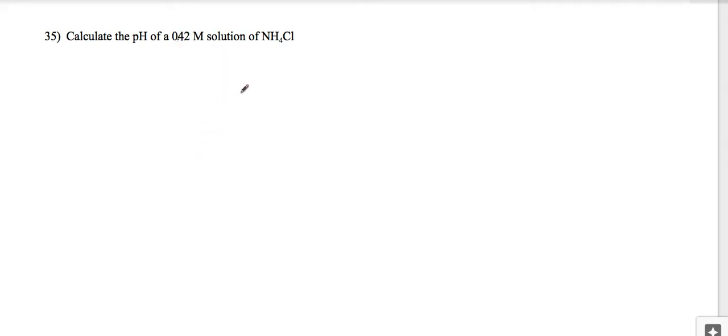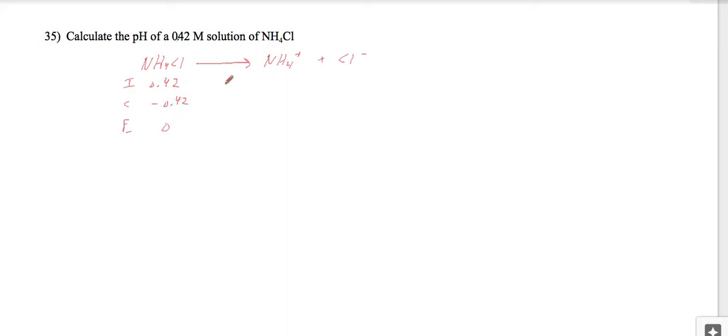All right. So we're going to use red this time because this thing is an acid. NH4Cl. Since that ammonium is there, ammonium ion, that means that it's 100% soluble. Quick ICE table to make sure we see how this works. 0.42 minus 0.42 is 0.